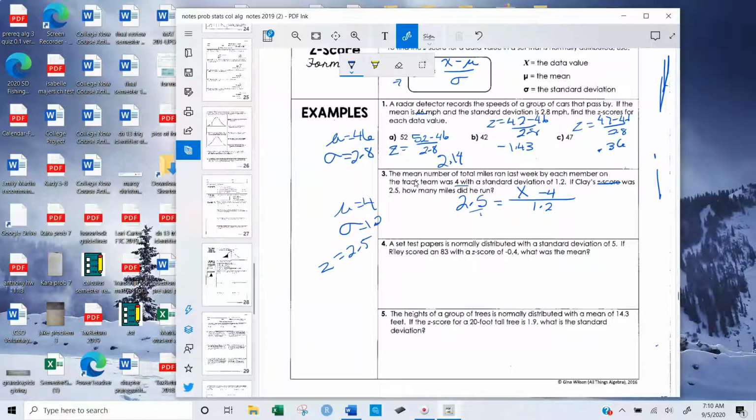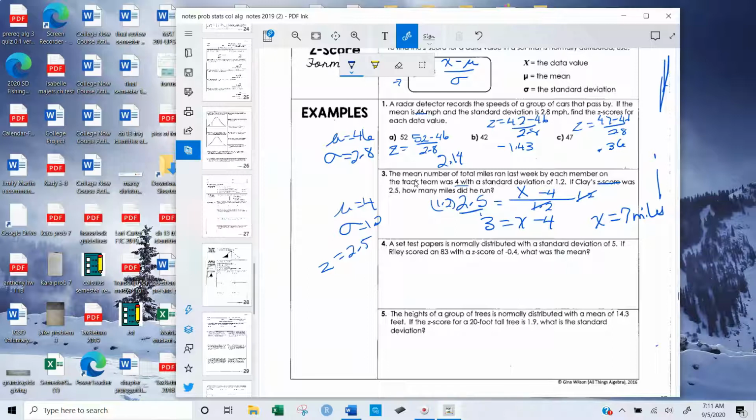We multiply 1.2 on each side, and that canceled, and you should have gotten 3 equals x minus 4. So x is 7. He ran 7 miles, because he's way above the mean. The 2.5 says he's 2.5 standard deviations above the mean, so he ran a lot more than the others.